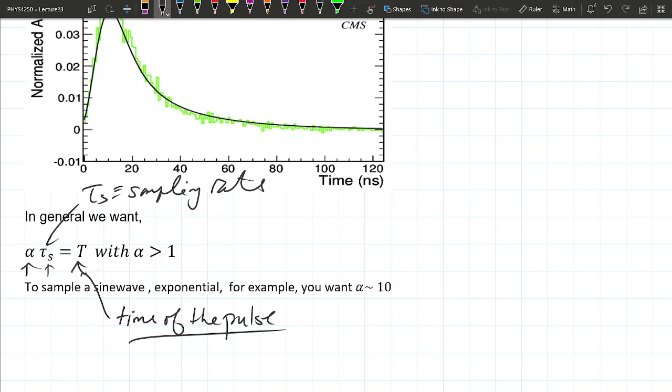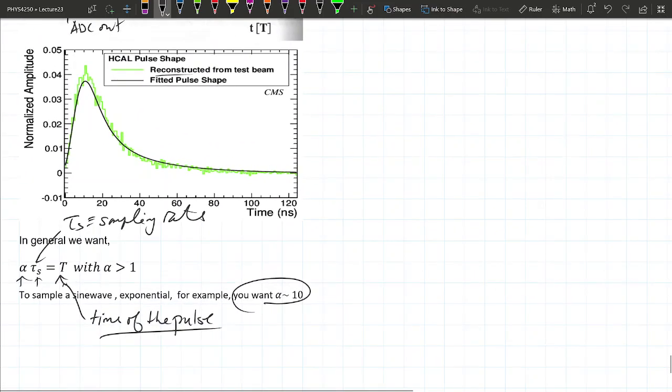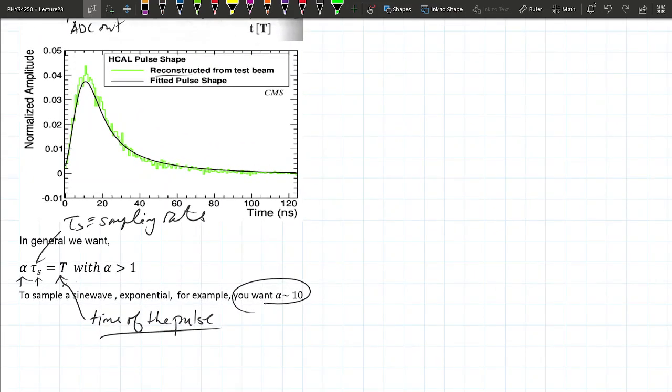Because typically you want alpha to be around 10, okay? For just some general wave, okay? I mean, the bigger the alpha, the better, right? But the bigger the alpha, the faster you have to do things, right? And that's going to cost you shorter wires, more expensive electronics, and you have to deal with noise at that level also.